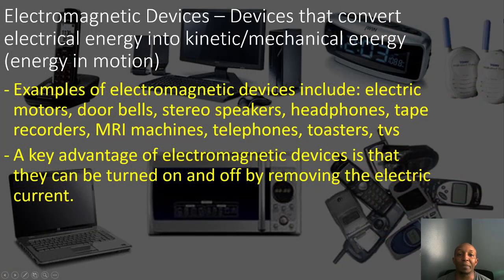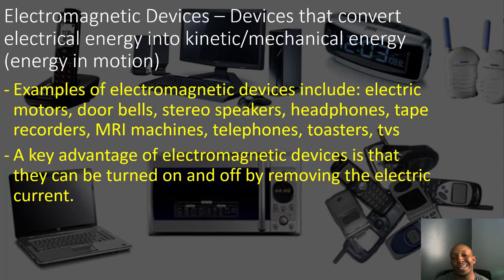Now if we look at electromagnetic devices, they're devices that convert electrical energy into kinetic or mechanical energy, which is basically energy in motion. There are many electromagnetic devices, and some examples would include electric motors, doorbells, stereo speakers, headphones, tape recorders, MRI machines, telephones, toasters, and TVs.